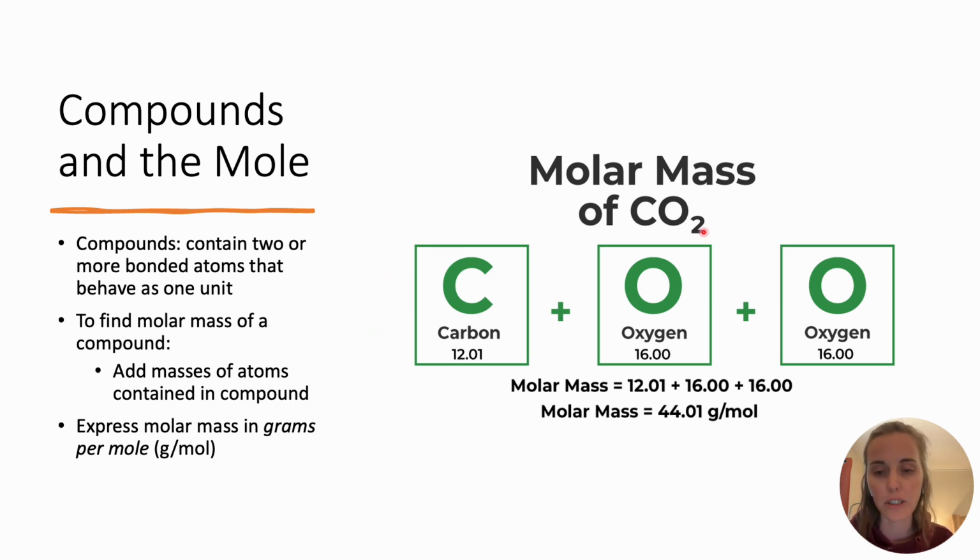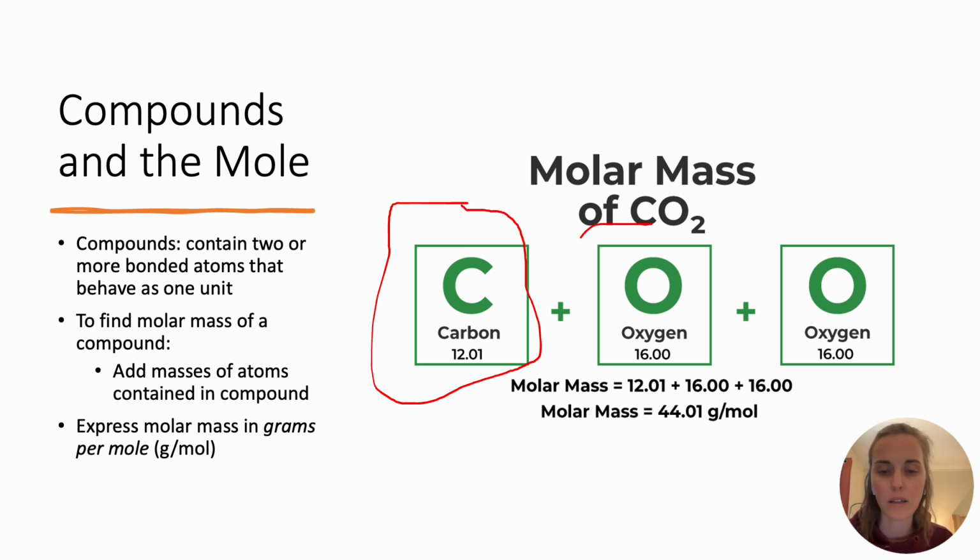So we have CO2 as our example. If you're asking, what is the molar mass of CO2? All you do is look up carbon on your periodic table, and that's 12.01.